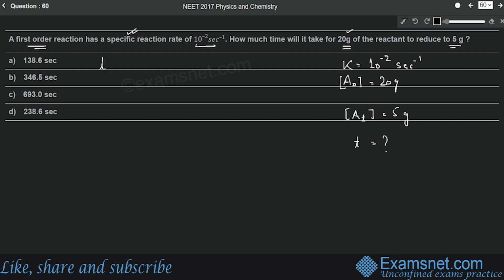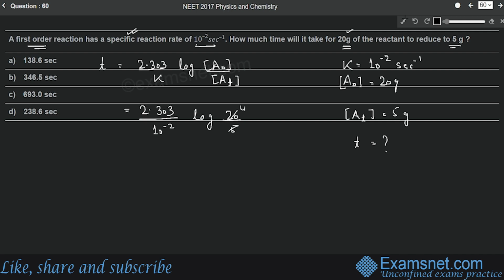So now we have a simple formula, t equals 2.303 upon K log A naught by At. Okay. Now we simply have to put the values. So 2.303, here K is 10 to the power minus 2 per second, log initial concentration is 20 and final concentration is 5.